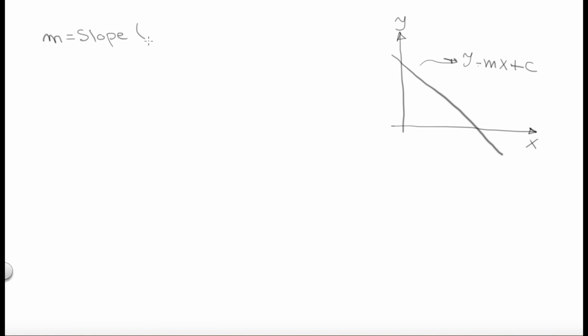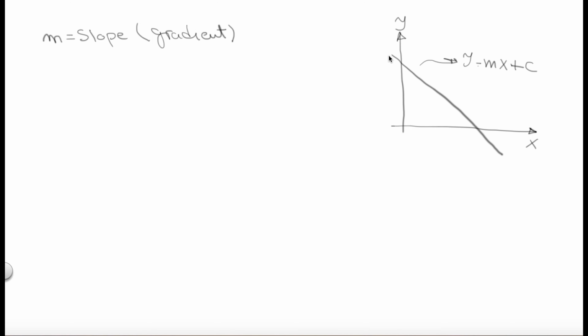So if we draw a simple graph, here is the x coordinate, here is the y coordinate, and let's assume that this is our line with the equation y equals mx plus c. So here, what is m? M is the slope, or in some cases you could hear them call it the gradient.